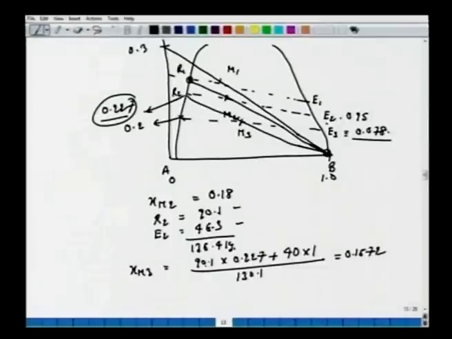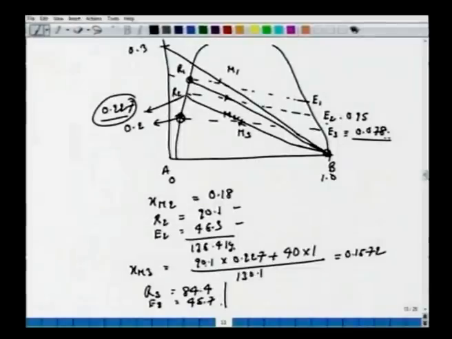So we locate this coordinate. Again, we find the tie line which passes through M3 to obtain this point here, and we locate this 0.078, and then again one can find raffinate R3 as 84.4 and extract amount as 45.7.